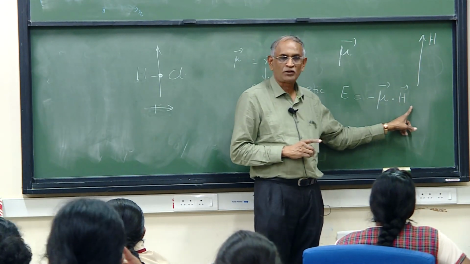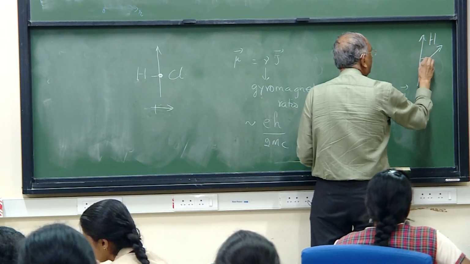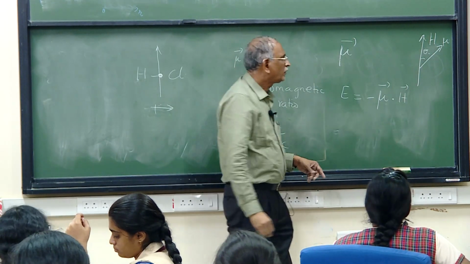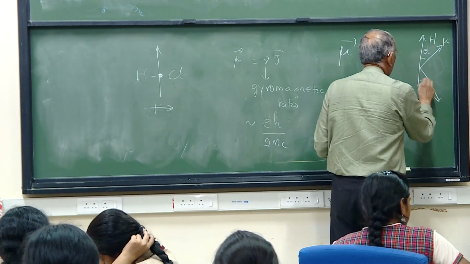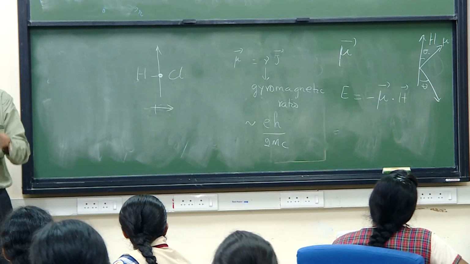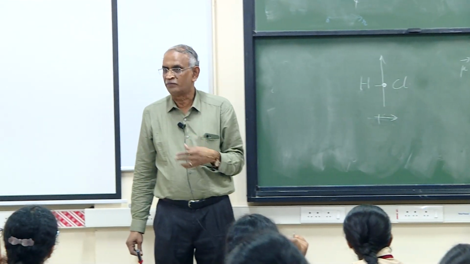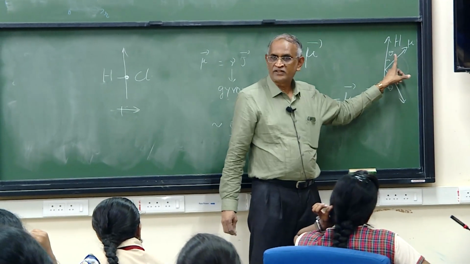So, if I say that this is the mu and this is theta, then the interaction is mu dot H. Now, which one of these two is stable in the magnetic field? It's like the North Pole pointing towards the South Pole in a compass. Okay? So what you have is, this is stabler.